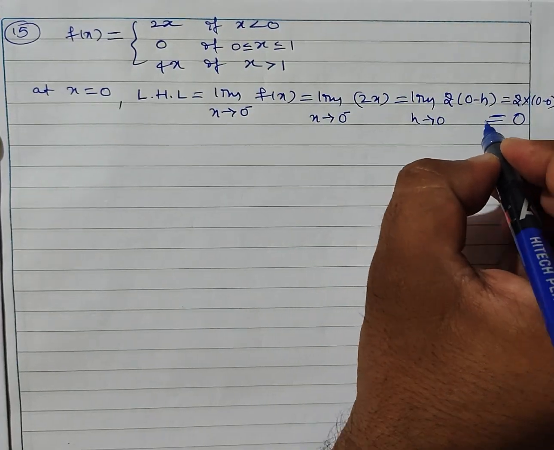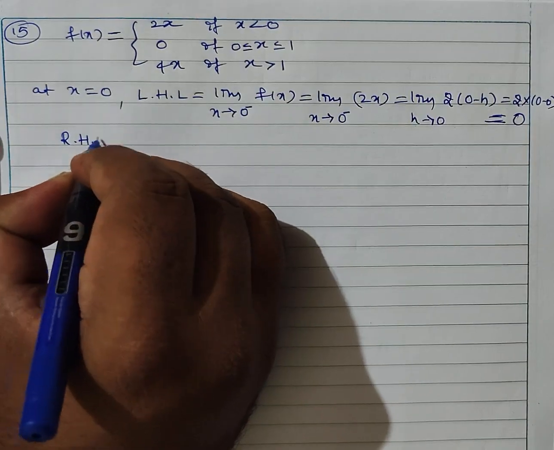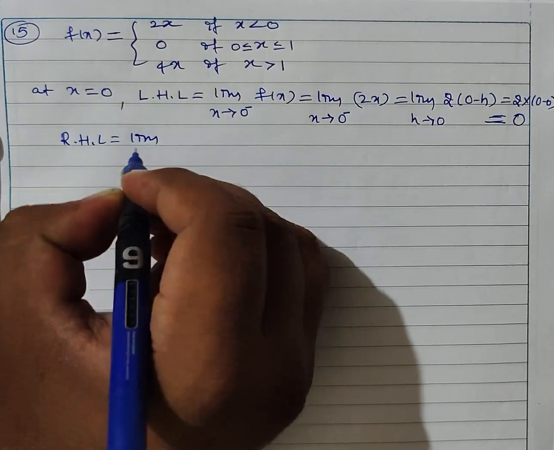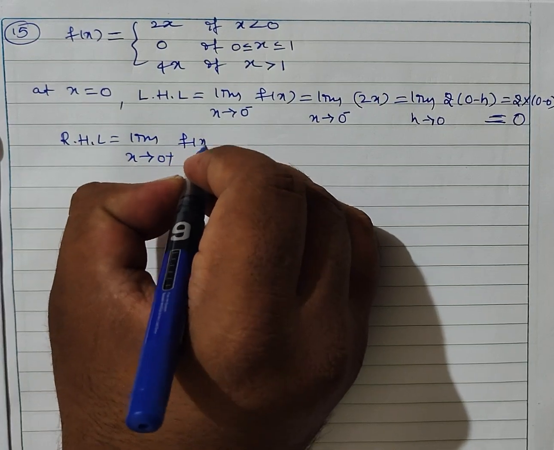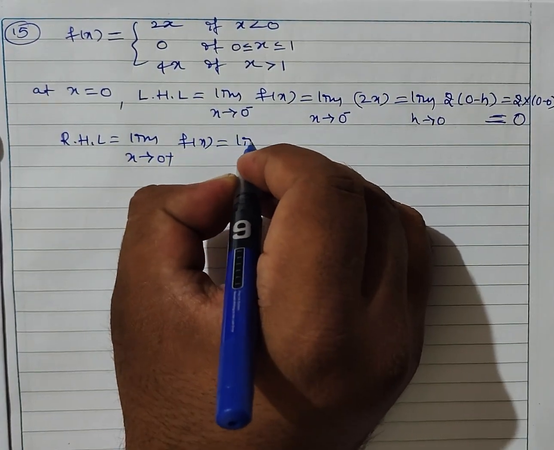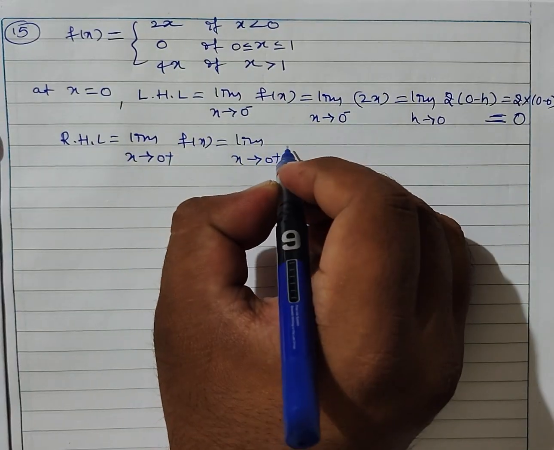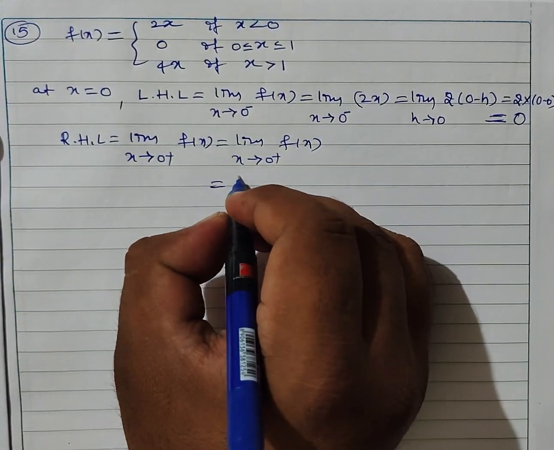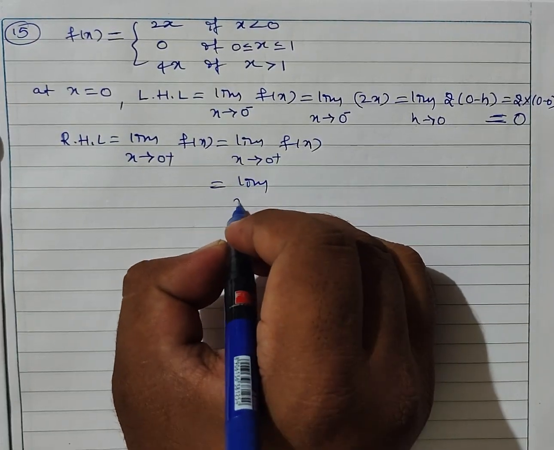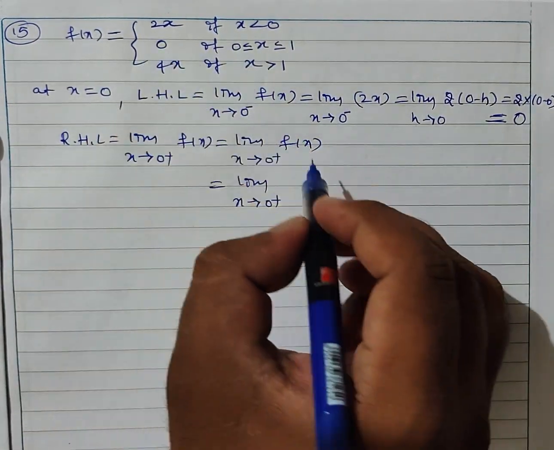Okay. So next right hand limit. Right hand limit is equal to limit x tends to 0 plus f of x. 0 plus means what? Greater than 0. For greater than 0 the function is what? 0.